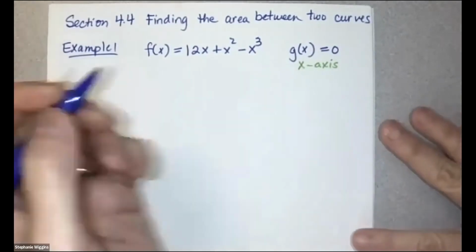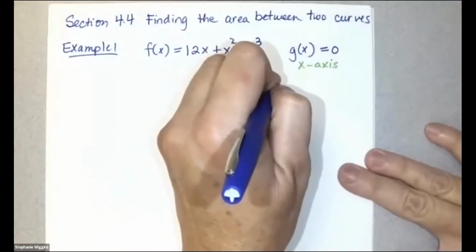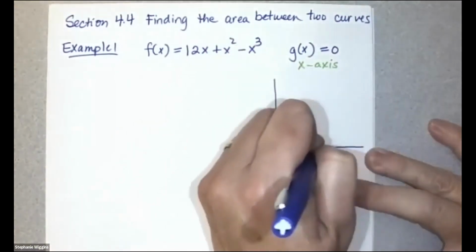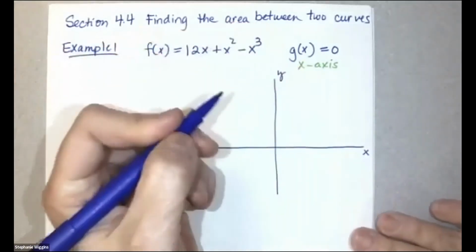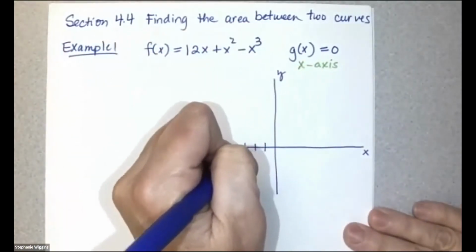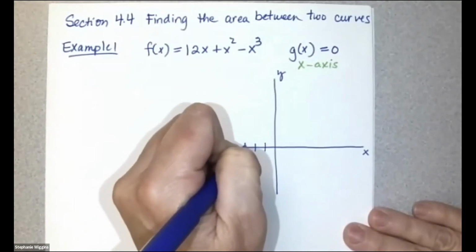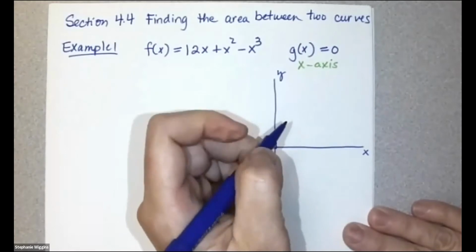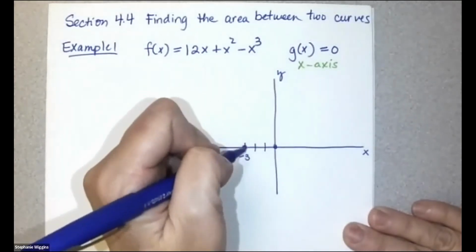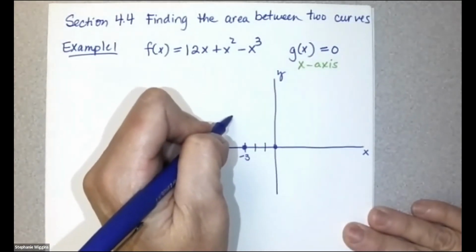The way we do that, let me draw the picture of this graph so you can see what's happening. This is just a rough sketch. I know the function passes through -3, 0, and it passes through the origin, and it does something like this.